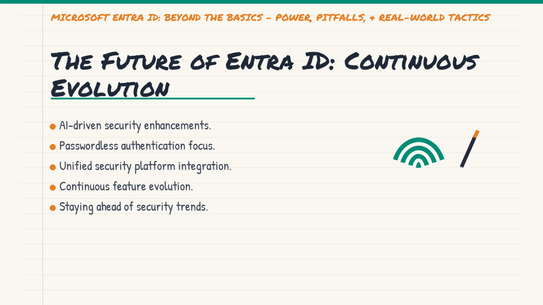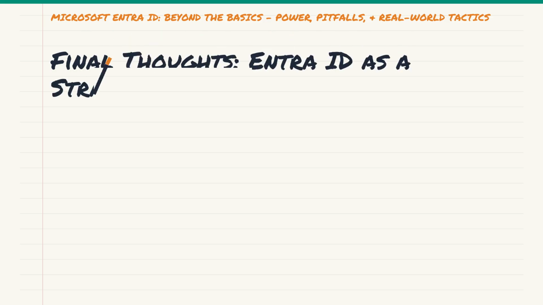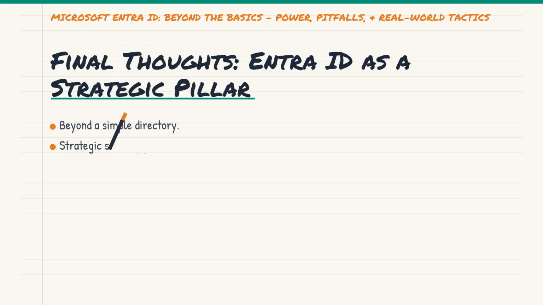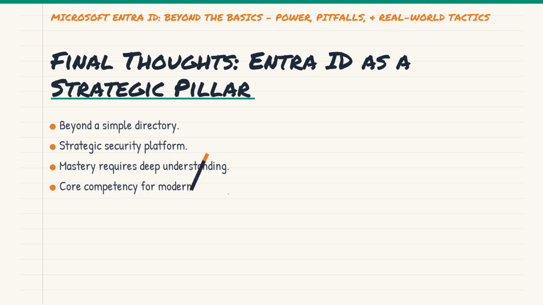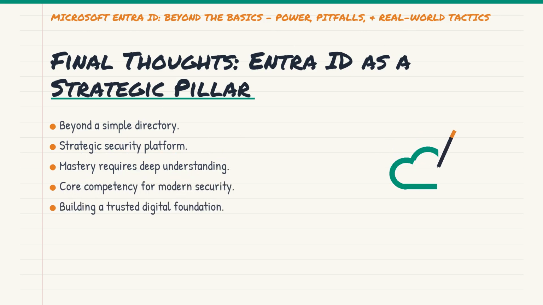So, to wrap up this deep dive, Entra ID is far more than just a cloud directory. It's a strategic identity and access management platform that, when properly implemented and configured, can be the bedrock of your organization's security. Its integration with Microsoft 365 is unparalleled, and its capabilities for SSO, MFA, and conditional access are incredibly powerful.